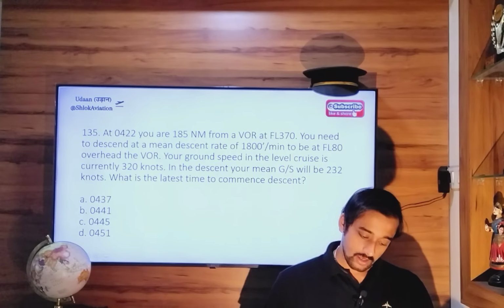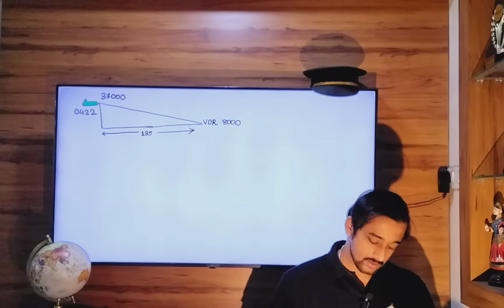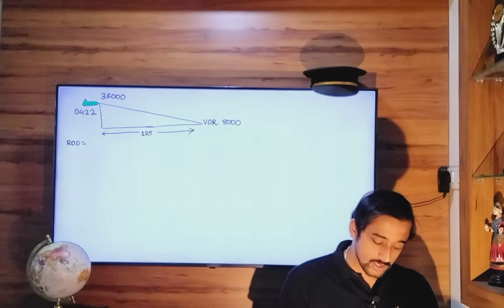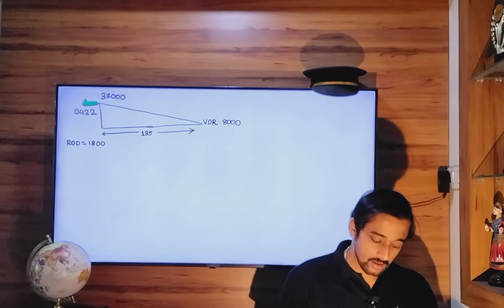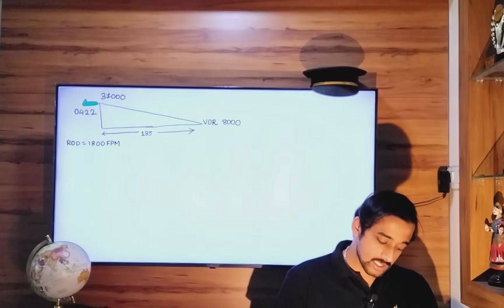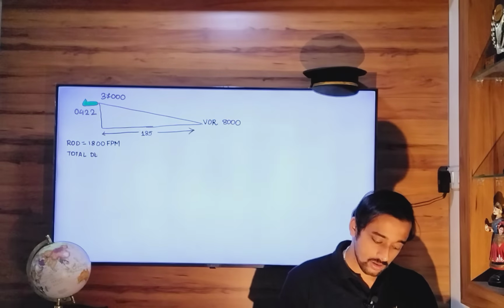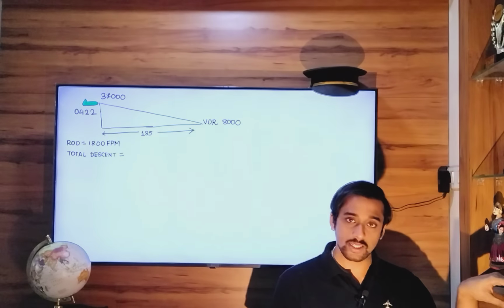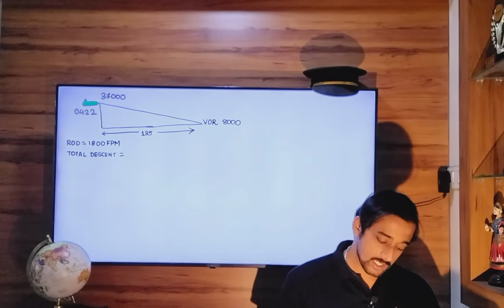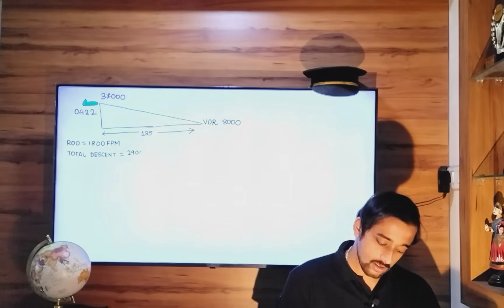So rate of descent is 1800 feet per minute. You have to descend. Total descent is equal to 37,000 minus 8,000, which is equal to 29,000.